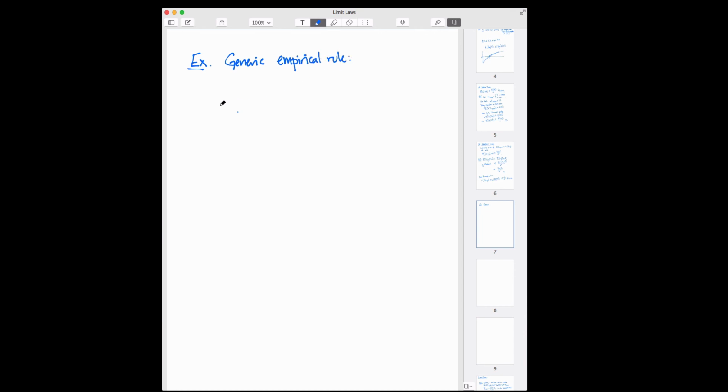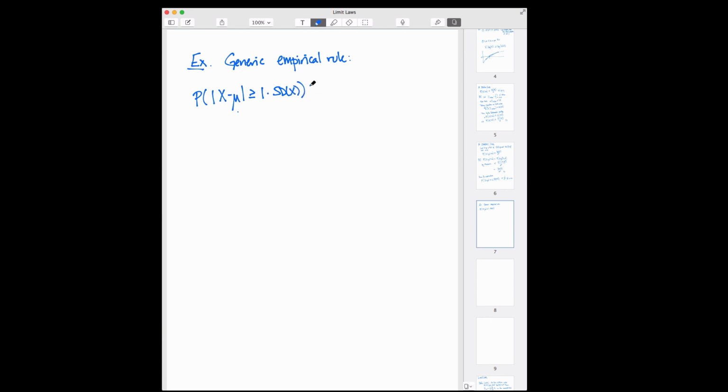And so the first way we can write this is in terms of this rearranged Chebyshev's inequality. So what's the probability that the absolute value of x minus mu is greater than or equal to 1 times the standard deviation of x?